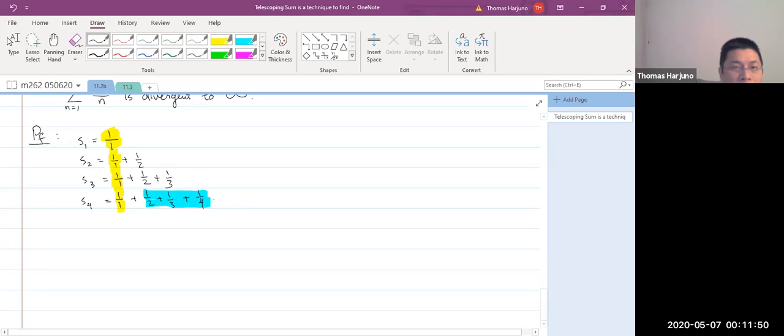I see it this way. This is greater than the 1 from the yellow part. And then for the blue part, it is actually greater than plus 1/4. This is 3/4. 1/4 plus 1/4 plus 1/4.